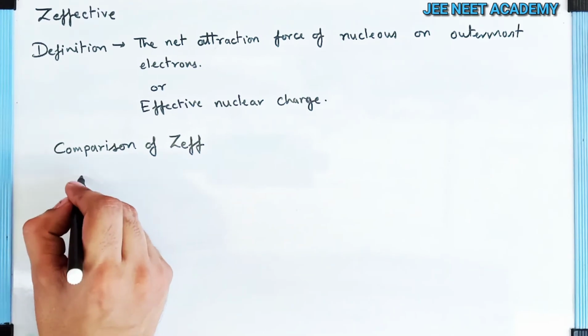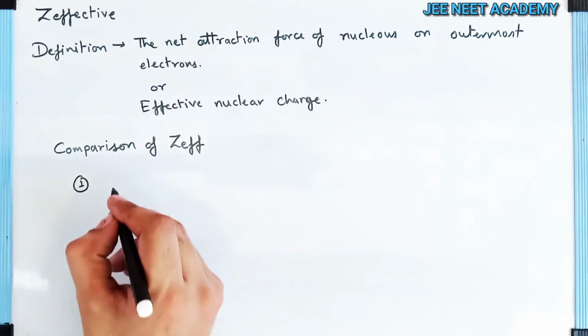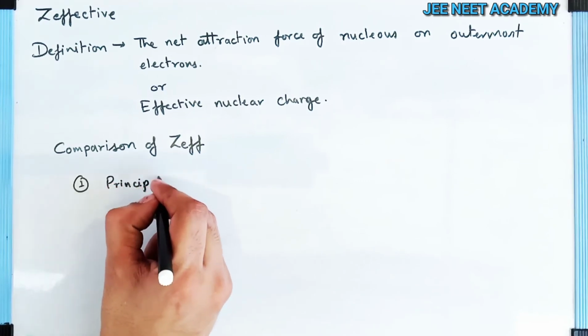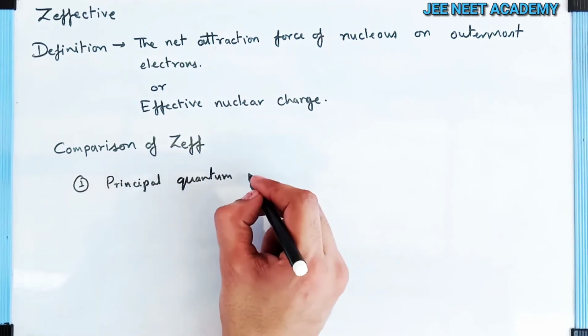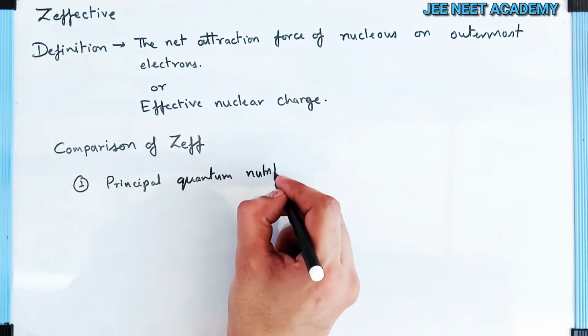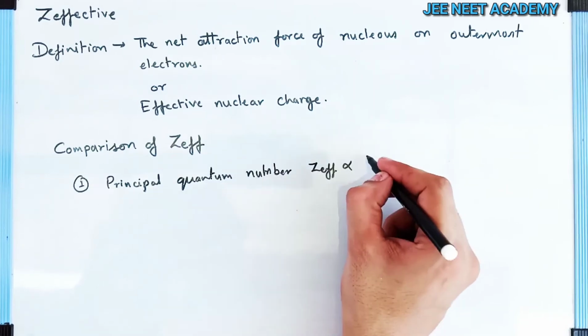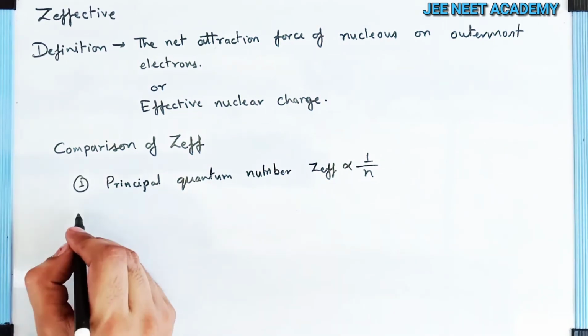First one, the principal quantum number. Z effective is inversely proportional to the principal quantum number, that is, to 1 upon n. N is the principal quantum number.